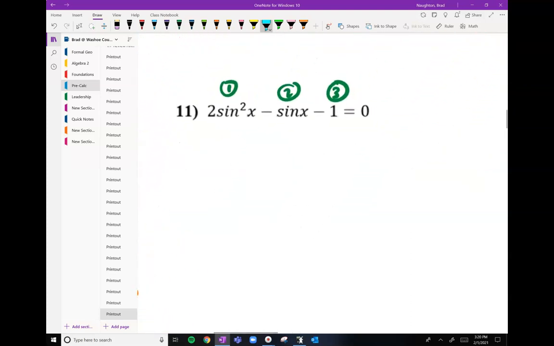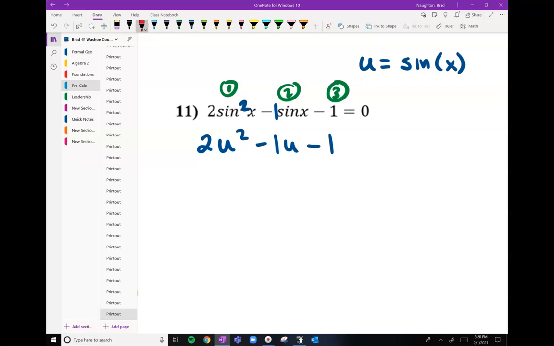Alrighty. Sometimes we get so confused over the signs and everything, so I'm going to use u substitution. So u for this is going to be sine x. Since this is squared, it's going to be 2u squared minus 1u minus 1. This I can factor. I think we all feel a little bit better factoring this. So I'll do 2 times a negative 1 to get my top number, so that's a negative 2. Add to a negative 1. And that's going to be 2 that's negative and 1 that's positive.